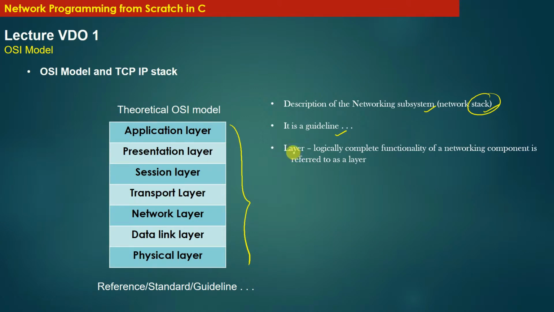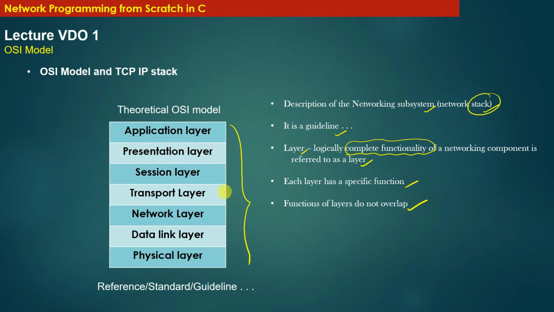So let us discuss the definition of a layer. A logically complete functionality of a networking component is referred to as a layer. So a layer implements the complete functionality of one given component of a networking subsystem. Each layer has a specific function, and functions of layers do not overlap.